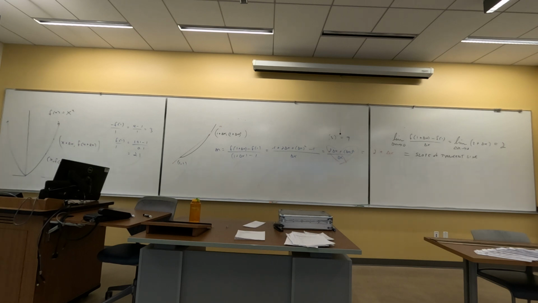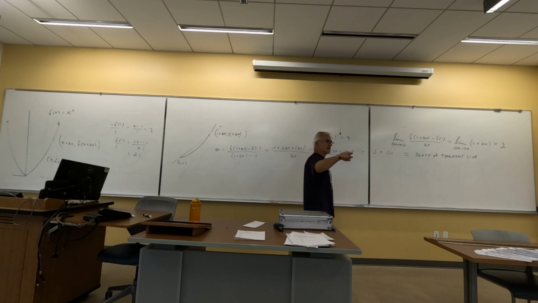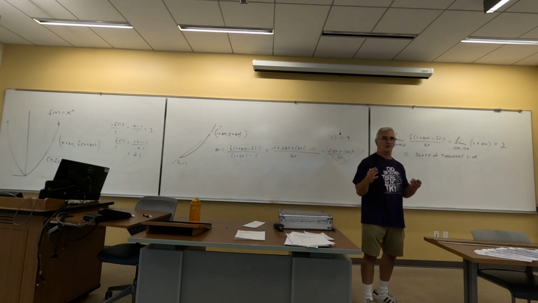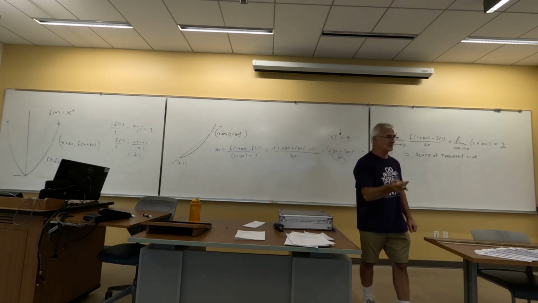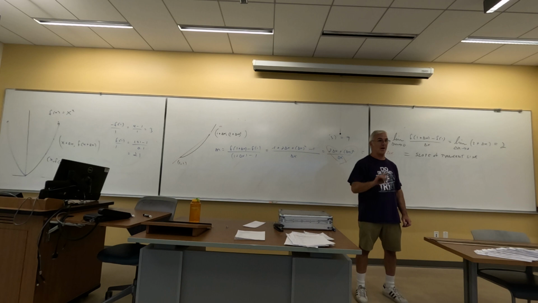When you learned your quadratic formula back in baby algebra, you had a quadratic of the form ax squared plus bx plus c equals 0, and then you learned the formula. I taught high school algebra, and they said, well, why do we have to do it with variables? Why can't we do it with numbers? Because then you'll only be able to solve the quadratic for that one equation with that one set of numbers.